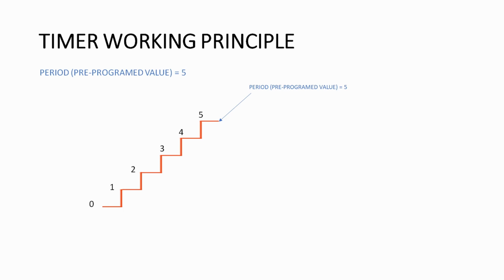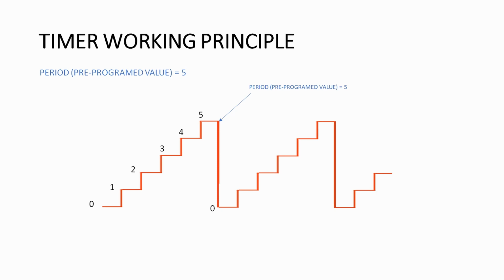As soon as it reaches the pre-programmed value 5, it clears the timer counter value to 0, and after this it continues the same operation. It will count 1, 2, 3, 4, 5 and again fall down to 0, and the process goes on like this again and again.